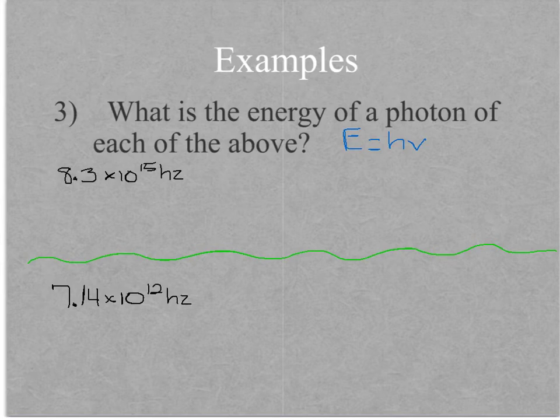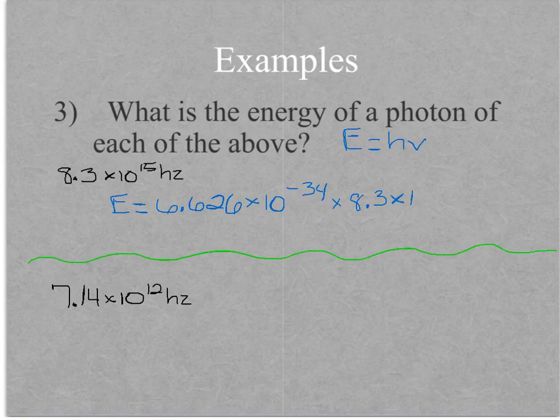Okay, so for the first example we did, the frequency was 8.3 times 10 to the 15th. So all we have to do is just plug that into our equation. So E equals H, which is Planck's constant, which is 6.626 times 10 to the negative 34th, times our frequency, which is, again, 8.3 times 10 to the 15th.